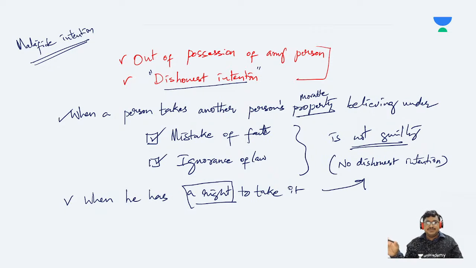For instance, Mr. A and Mr. B are friends. Mr. A, without dishonest intention, has taken away a book from B's library with an intention to return it after reading it, or after referring to certain important points, or after completion of his examination.